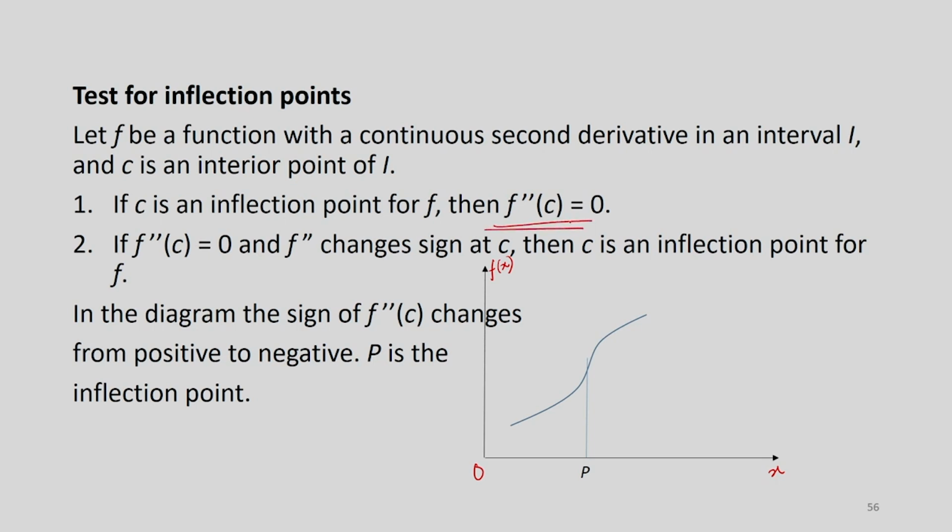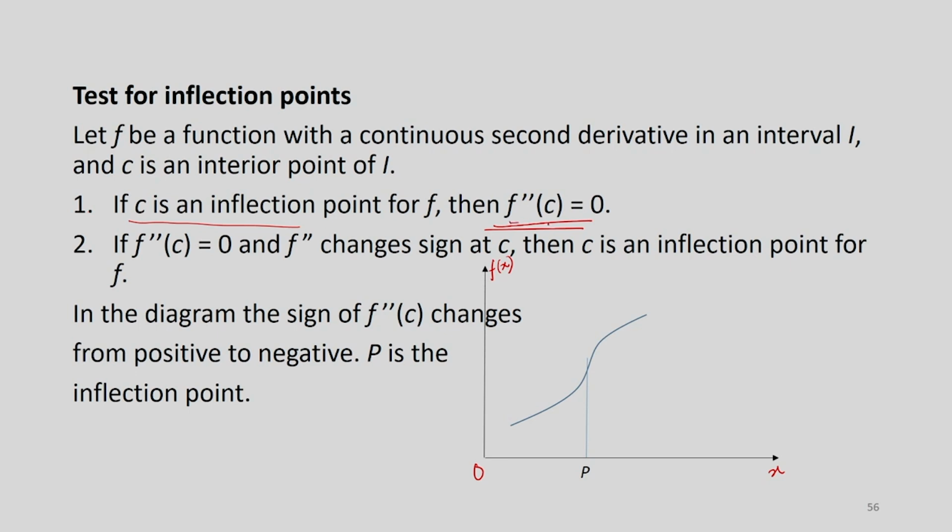Okay, so notice this is a necessary condition. If c is an inflection point, then f double prime of c is equal to 0, which means if f double prime of c is not equal to 0, then c is not an inflection point for f, right. That makes this one, that is condition 1 that is written here, a necessary condition.